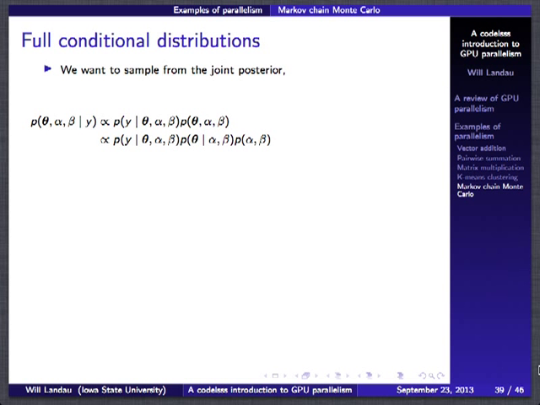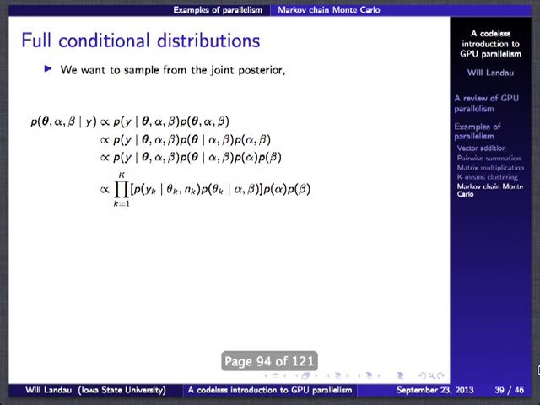And then since alpha and beta are independent, I can break up this joint prior into separate priors. And now since the y's are independent and the thetas are independent, I can break up this product into a product over counties.